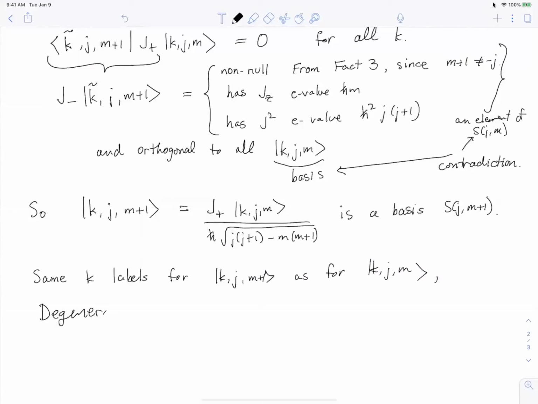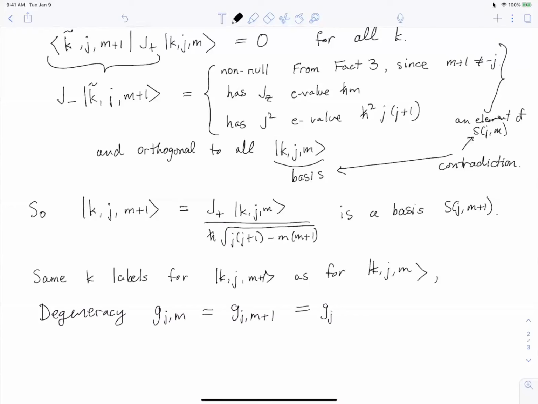The degeneracy G sub jm, it turns out, is actually equal to the degeneracy of j, m plus 1. And so it turns out it was a waste of time to distinguish what the m value was. This can depend on j, but it can't depend on m.